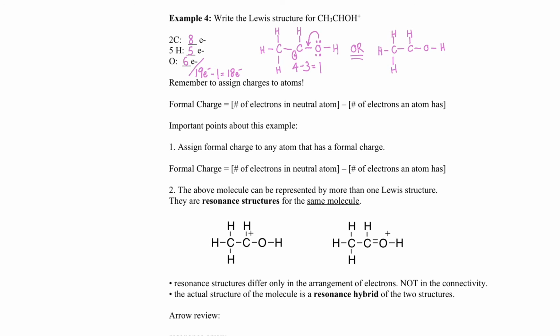So we can draw a double bond here. So oxygen will still have one of the lone pairs, right? So now the carbon is neutral. So let's do the formal charge for oxygen. So it's still going to be 6 for neutral oxygen minus 1, 2, 3, 4, 5.